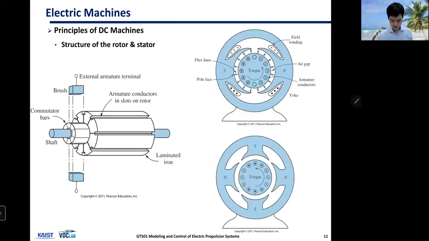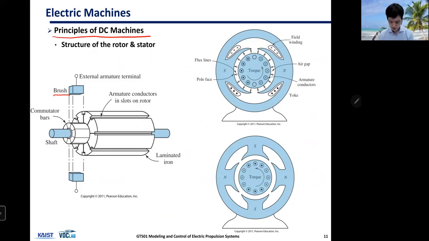Let's look at them one by one. This is DC machines, the principles of DC machines, and this is how it's structured. The key here is that you have a brush that changes the direction of the current flow within the windings.